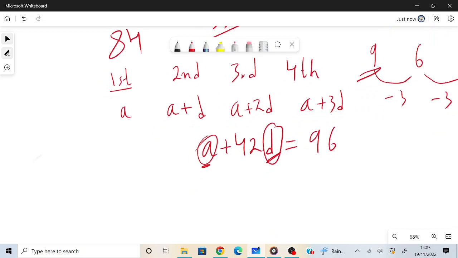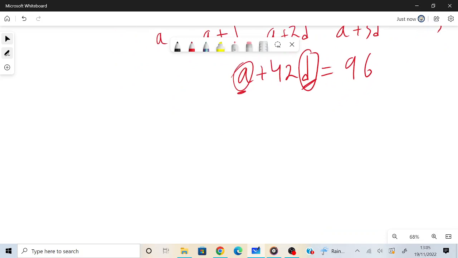And the final formula that you need to know is the sum of a progression. The sum, or you can actually write this as Sn, the sum of n terms.